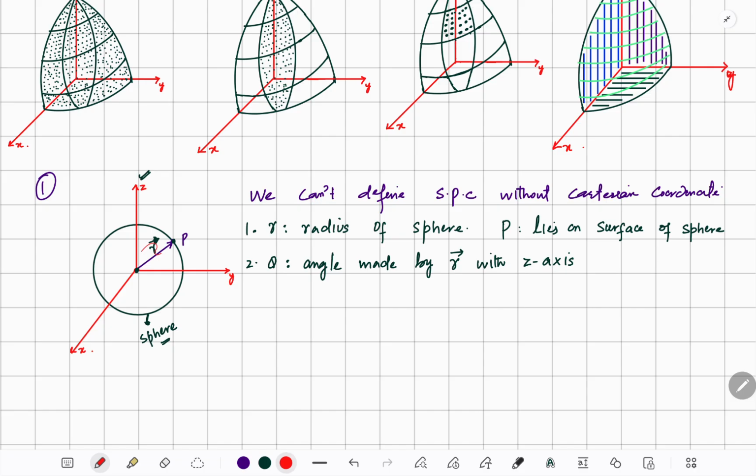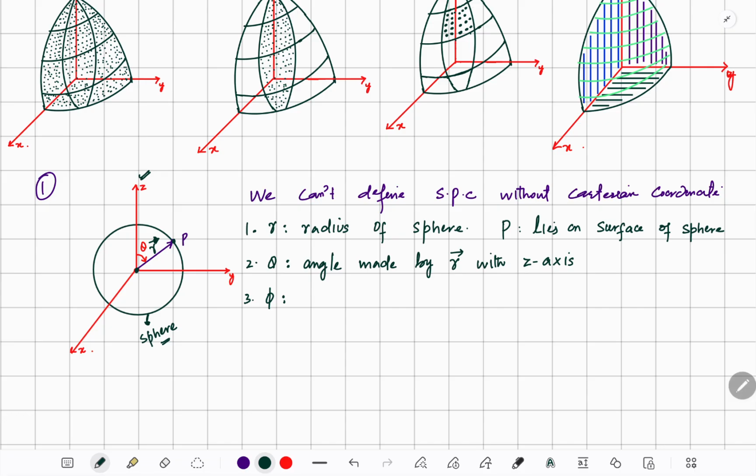That is theta. Now there is the third thing, which is phi. This is also an angle. In the spherical polar coordinate system, we have two angles, theta and phi. Some books use different notations for that, but I'll use the very simple notation, theta and phi. What is phi?